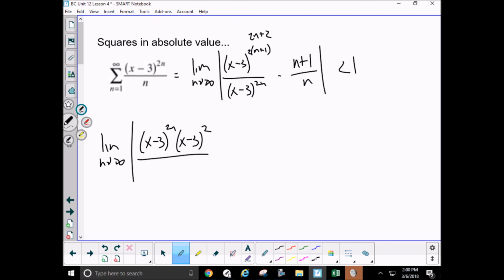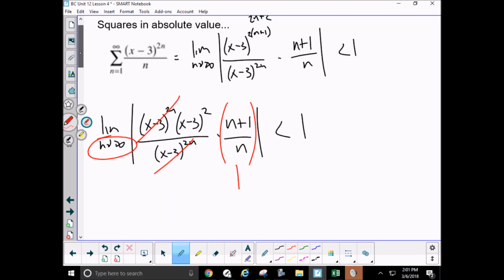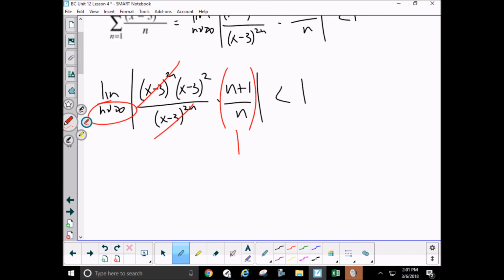The denominator will have x minus 3 to the 2n. And here, n plus 1 over n, this absolute value has to be less than 1. I can't simplify this, but I can take the limit as n approaches infinity of this, and this approaches 1. These cancel, leaving me with just x minus 3 squared has to be less than 1. Okay, well, I can do that.